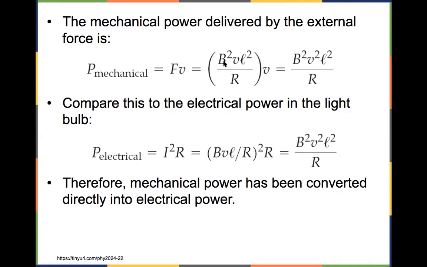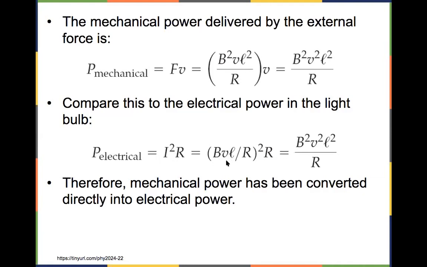So this is the F from the previous slides, B squared v L squared over R, times v. So for the mechanical power you have B squared v squared L squared over R. Now, in the circuit formed by the resistor, the two rails, and the rod, the electrical power in the circuit should be equal to, you can use I squared times R, because you know I.